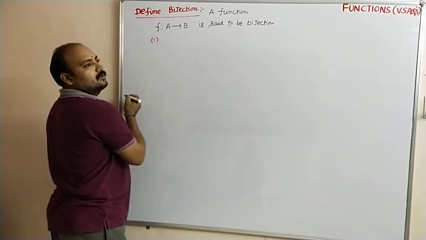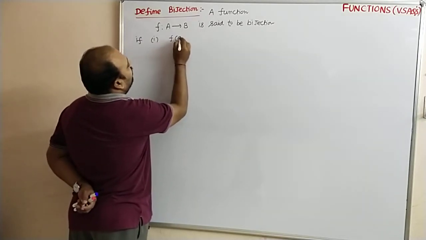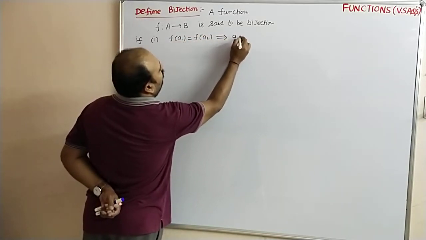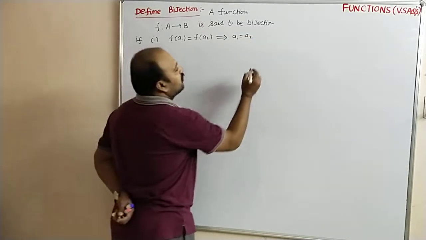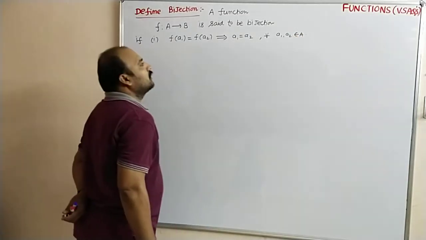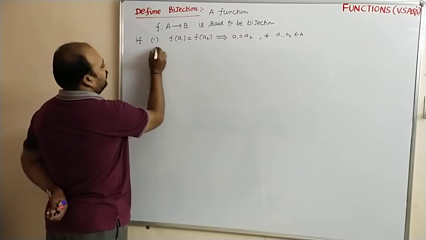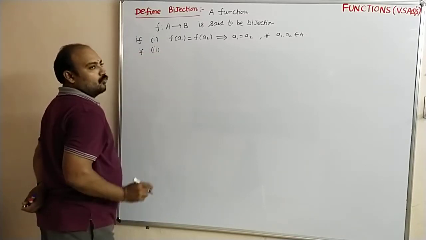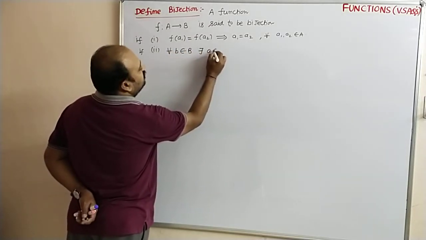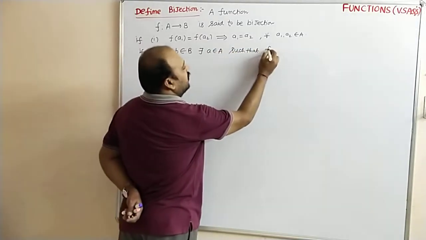First point, if f of a1 equal to f of a2 implies a1 equal to a2, for all a1, a2 belonging to capital A, and f of a1, f of a2 belong to capital B. And second one, for all small b belonging to capital B, there exists small a belonging to capital A such that f of a equal to b.